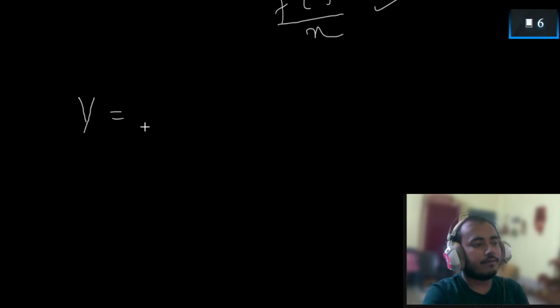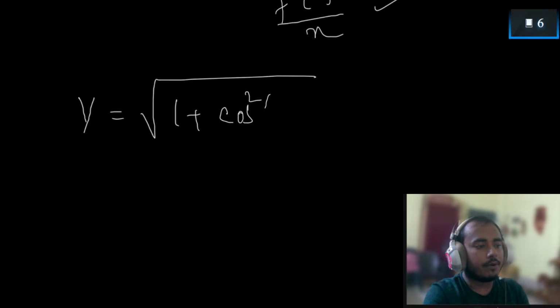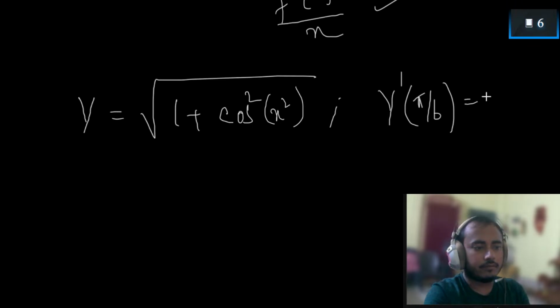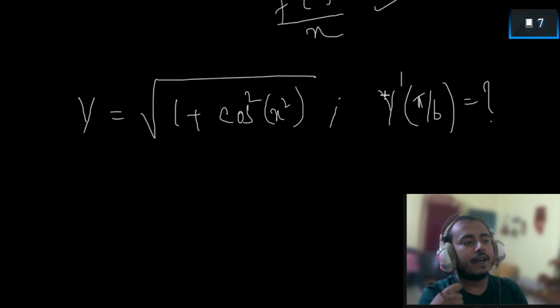Okay, so we have a problem here as well: y equals root over 1 plus cos square of x square, and we want to find out y prime at pi by 6. So what would be the value of this?